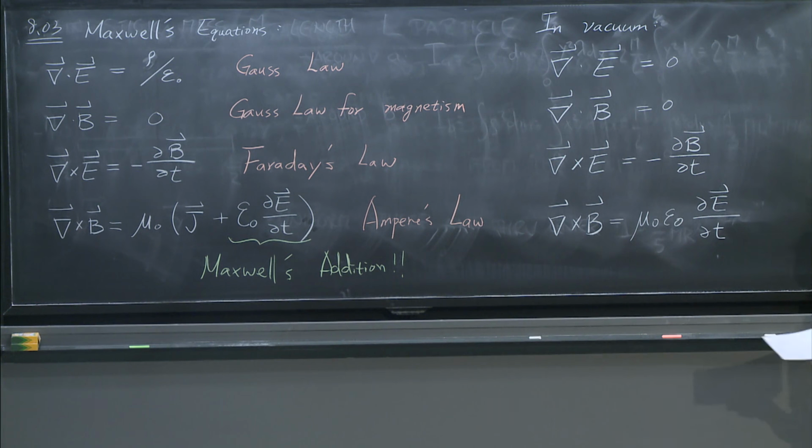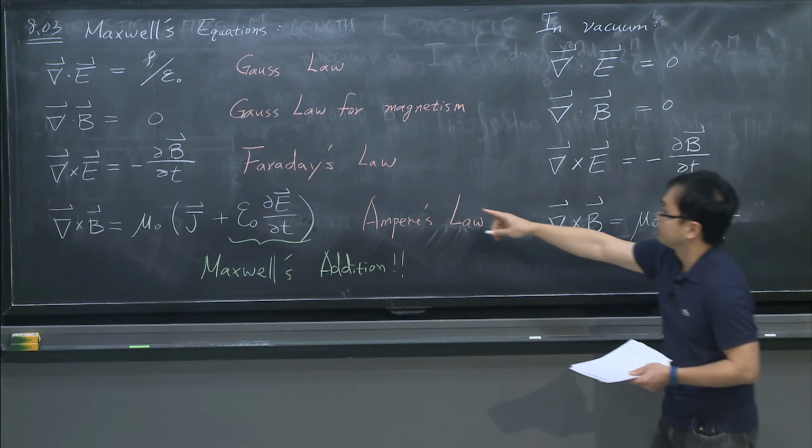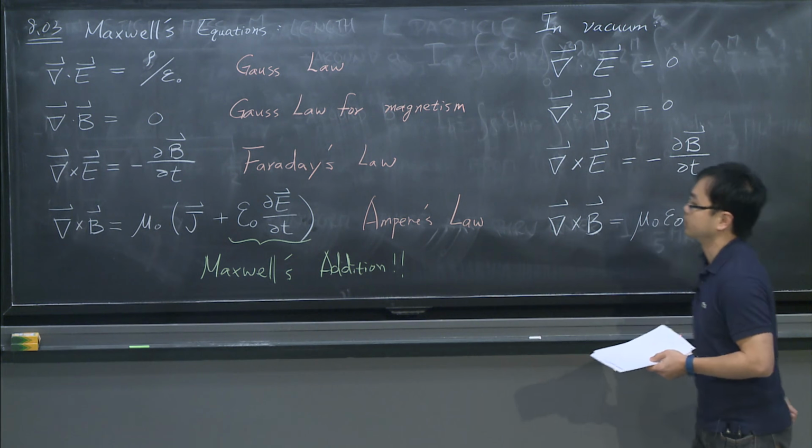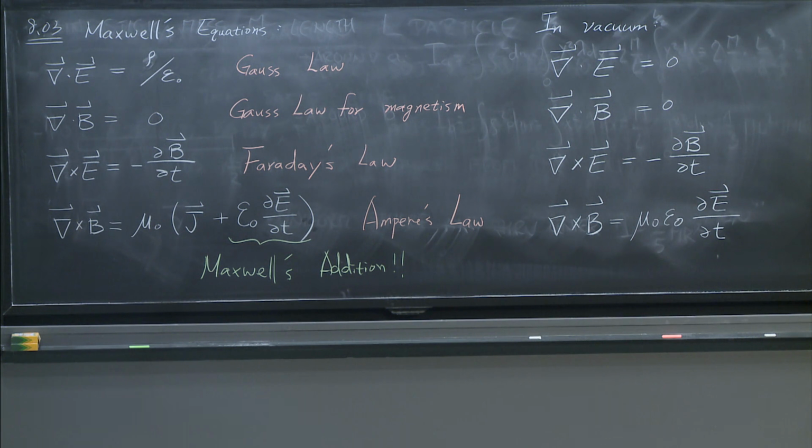Therefore, the divergence of E will be equal to 0. Also in the last equation, Ampere's law, J, which is the current density, will be equal to 0. Therefore, the functional form becomes curl B equal to mu 0 epsilon 0 partial E partial t.